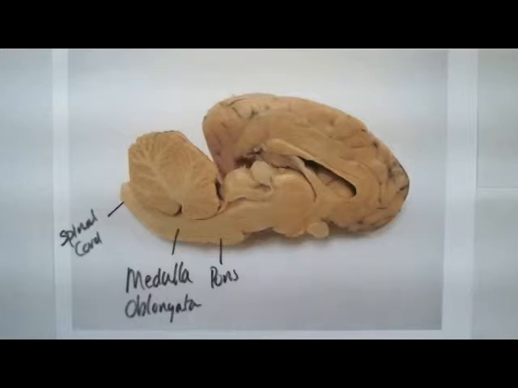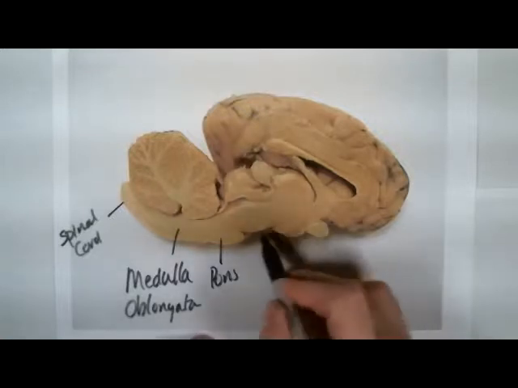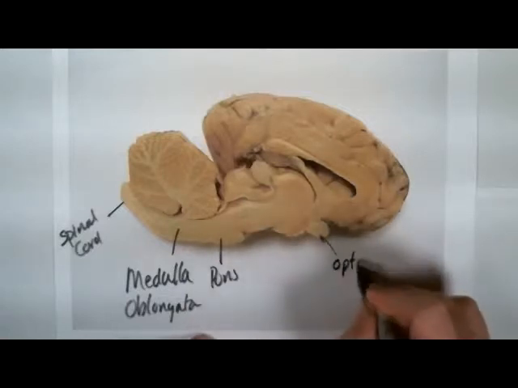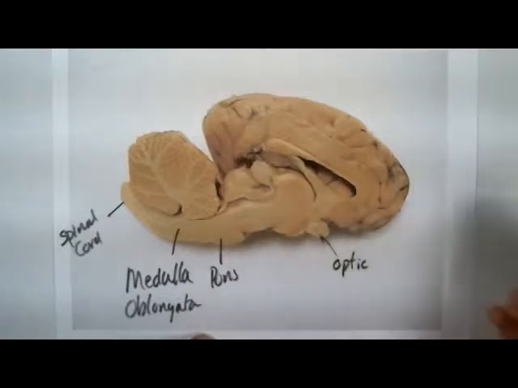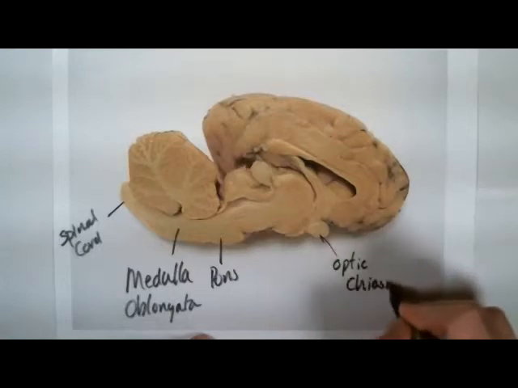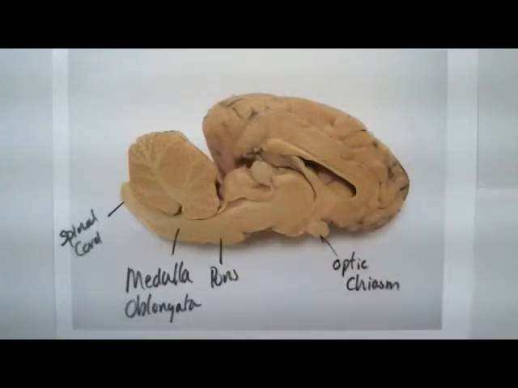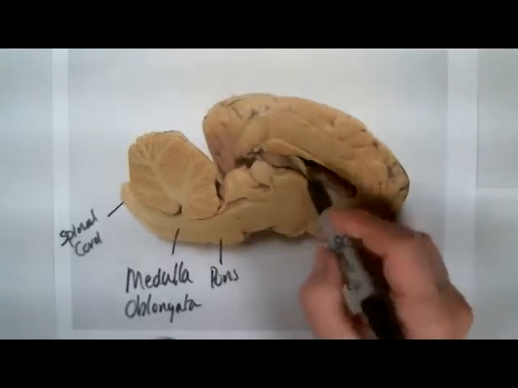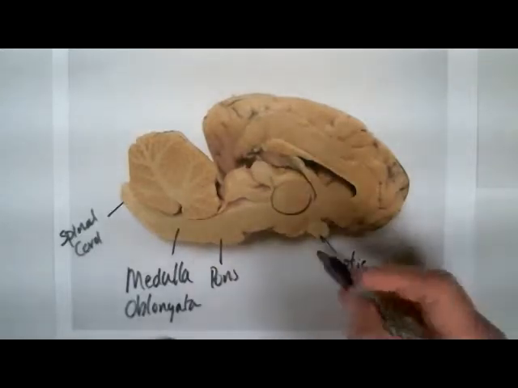All right, as we continue to move up from the pons here, we've got the mammillary bodies that show up here. And then just in front of that, this piece right here is going to be the optic chiasma, the optic nerve that we have there. Now, right above here, right superior here, we have the thalamus.